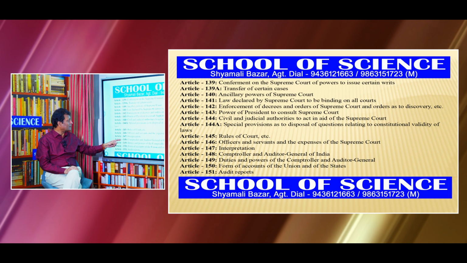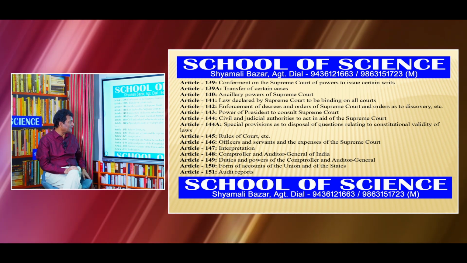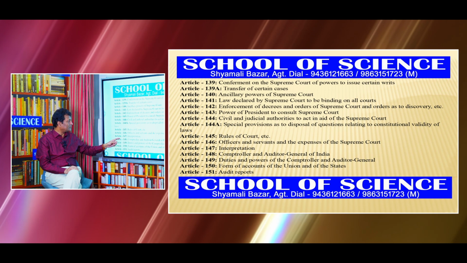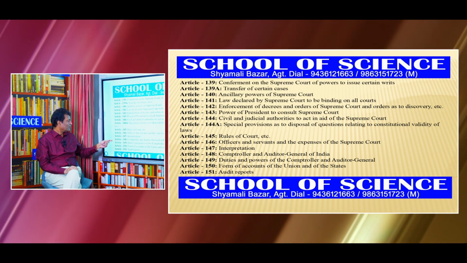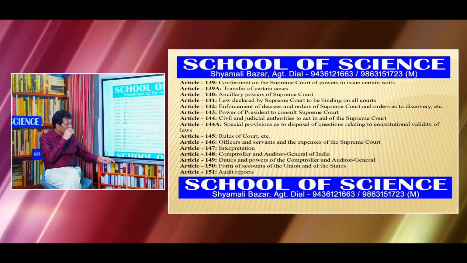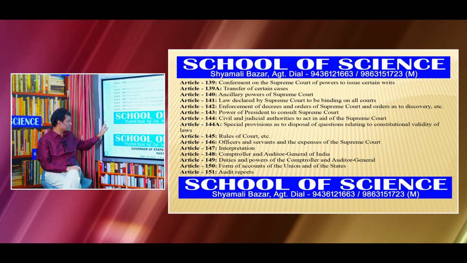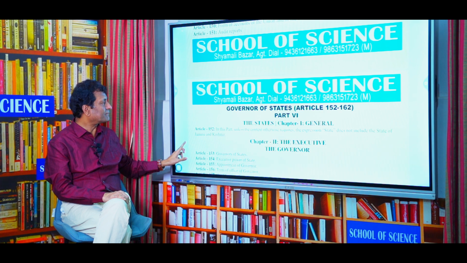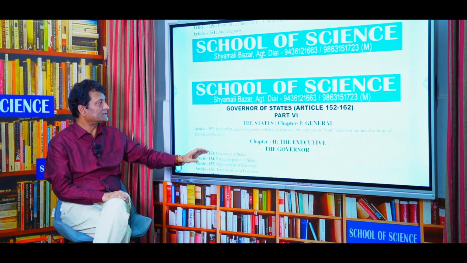Article 148 is Comptroller and Auditor General of India. 149 duties and powers of the Comptroller and Auditor General. 150 form of accounts of the Union and of the states. 151 is audit reports. Then after this we will study about the states.